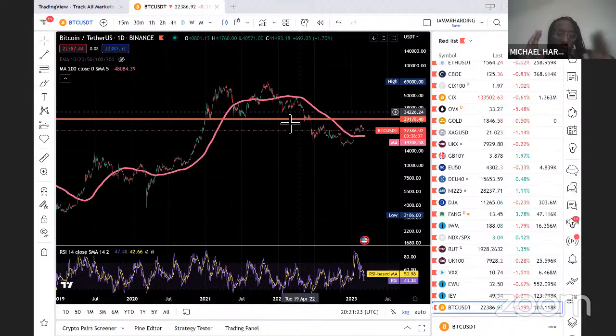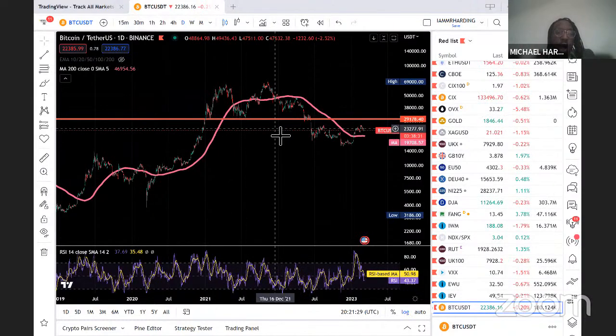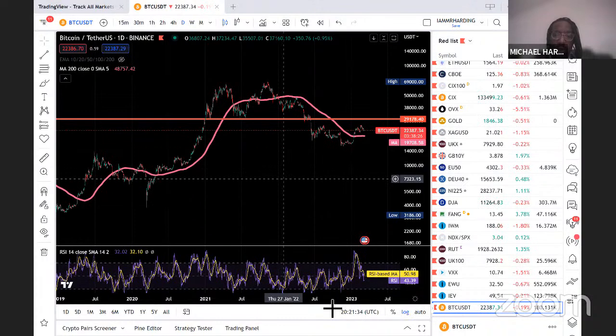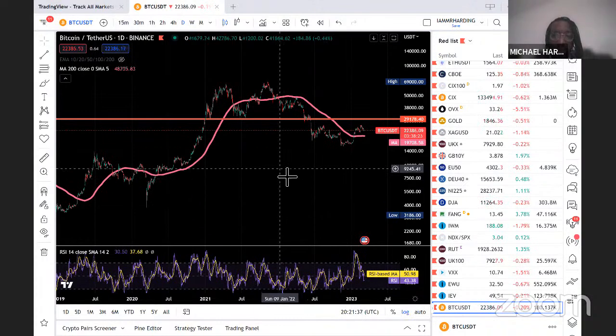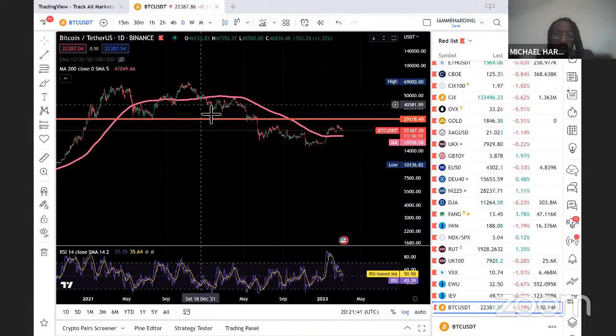But you'd have to do that over like a 5-10 year period. So go and do your research on the 200-day moving average and dollar cost averaging, and go and look at those stats. So that's that first bit there on the 200 moving average on Bitcoin.